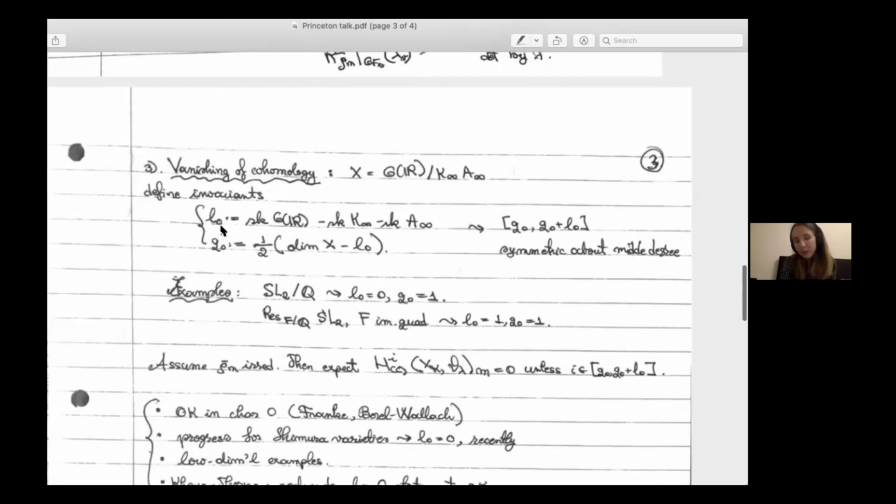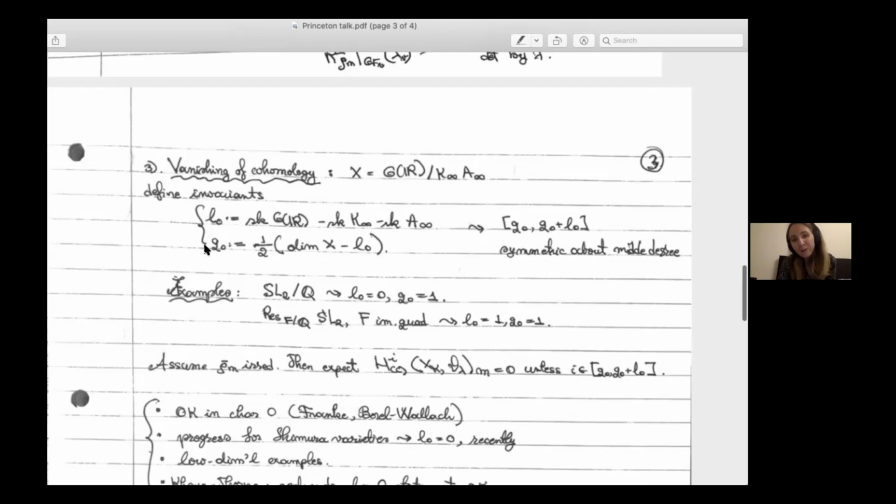One is l_0, which is the rank of G(R), thought of as a real Lie group, minus the rank of K_infinity, minus the rank of this torus part A_infinity. When you have a Shimura variety, this invariant is always equal to 0. In general, it's computable, and for GL_n over F, it's not going to be 0 for general n.